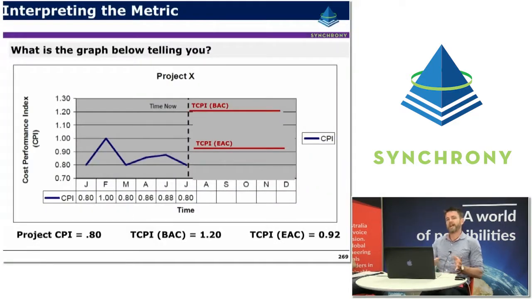So once again, looking at that metric, which just provides that visual representation and that sanity check on how we've been performing to date versus what we're anticipating that we're going to perform at. This one seems a little bit more realistic, where we can see the CPI to date has sort of bubbled around somewhere between 0.8 and 1, and we're saying that if we're realistic in our expectation to reach 115K for our EAC, from now on we're going to need to be performing at a CPI of 0.92.